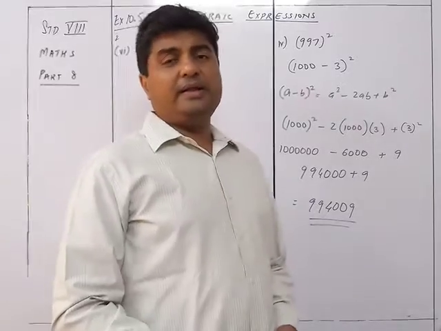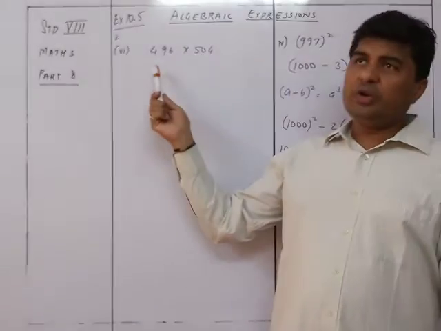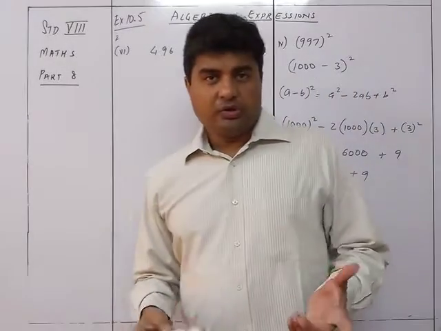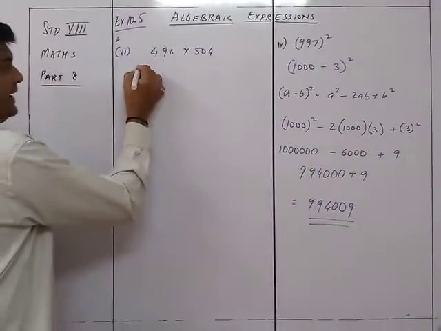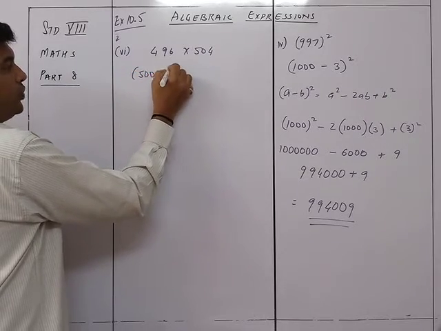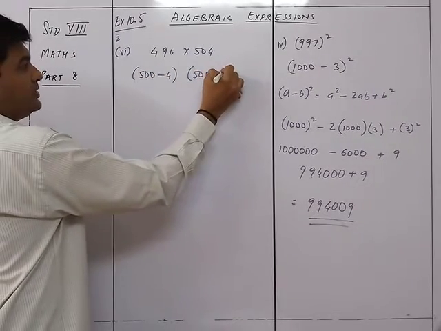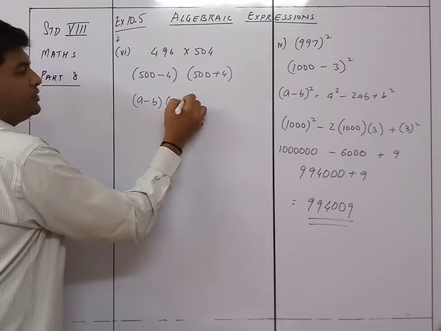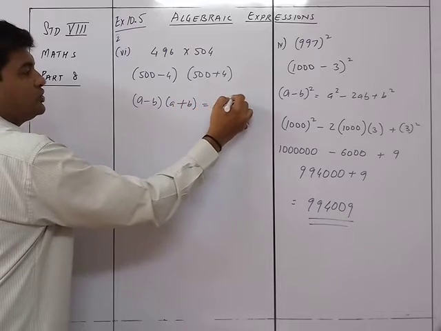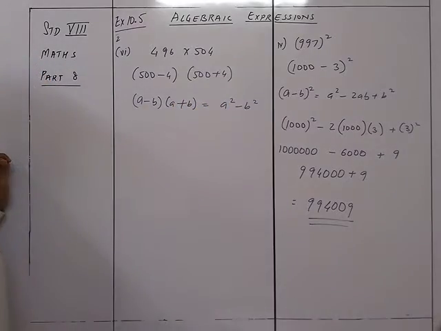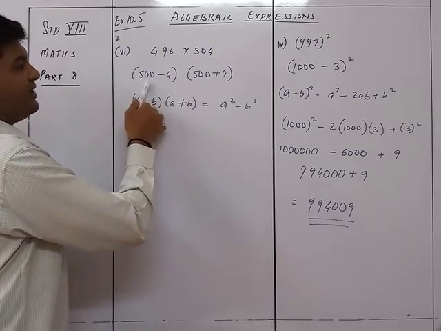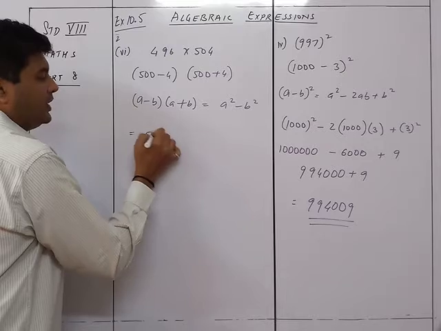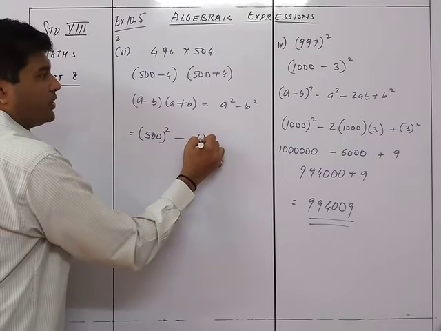Now you can see over here, in this case, this actually is 500 minus 4 and this is 500 plus 4. Right? So I can write this as 500 minus 4 into 500 plus 4. So this is in the form of a minus b into a plus b is equals to a square minus b square. So what is the value of a over here? A over here is 500 and b over here is 4. So answer is 500 the whole square minus 4 the whole square.